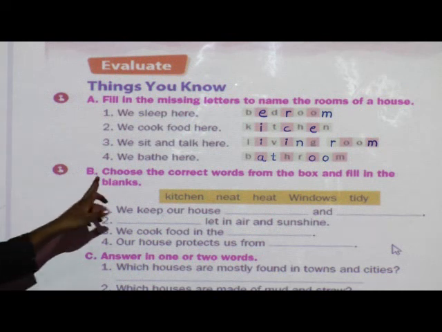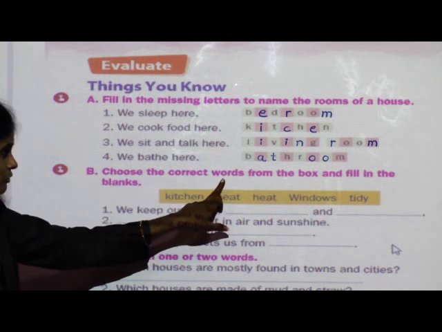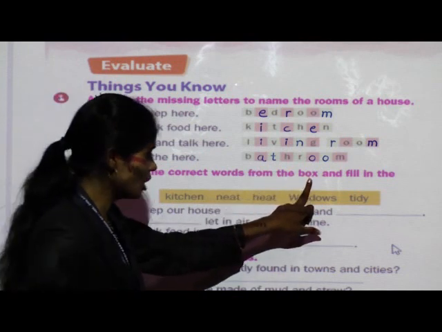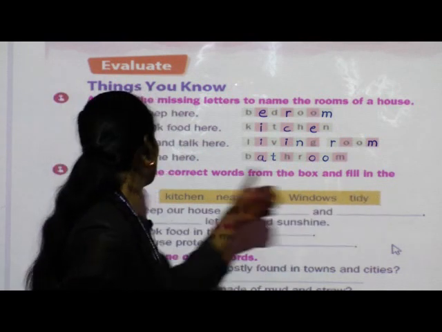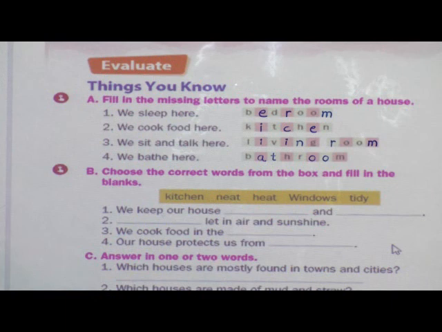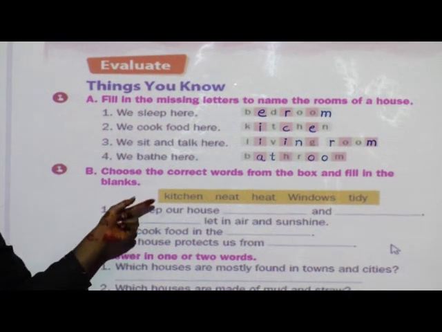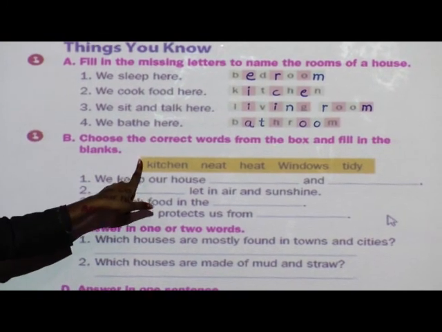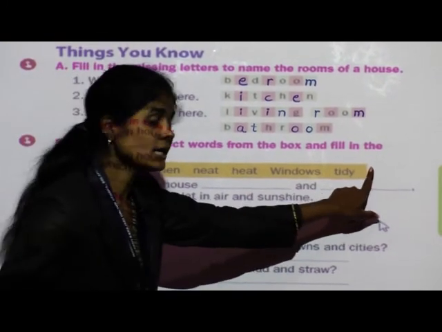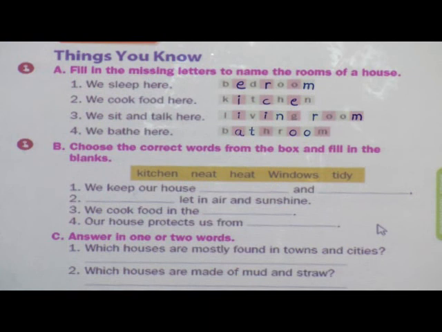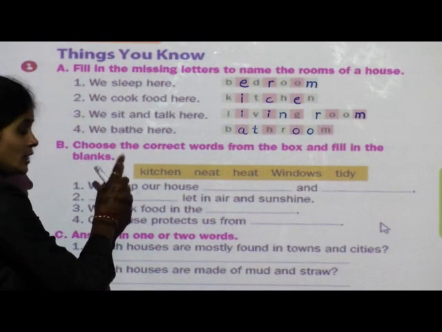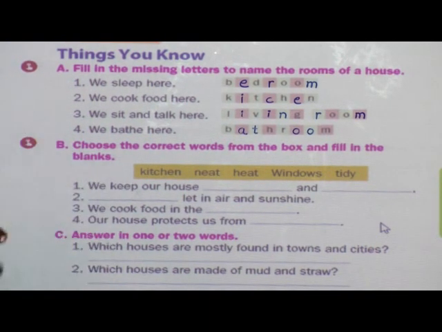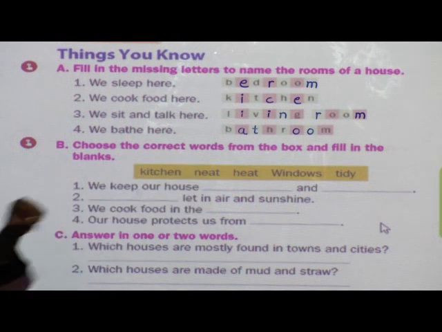See, next one. Choose the correct words from the box and fill in the blanks. Here you have to fill in the blanks with the correct word. Here a box is given and in that box clues are given. So we will use those words.